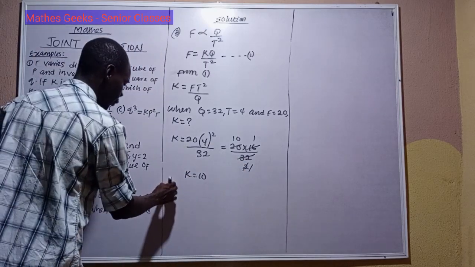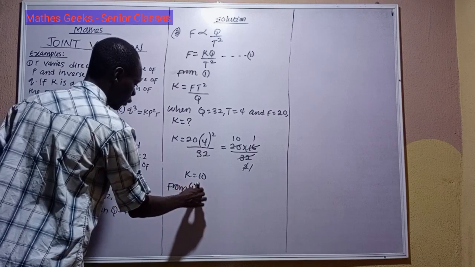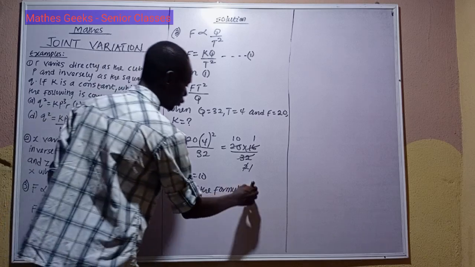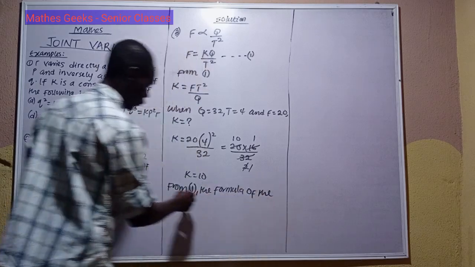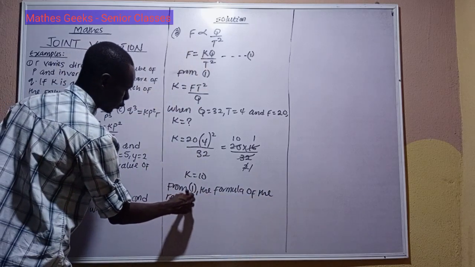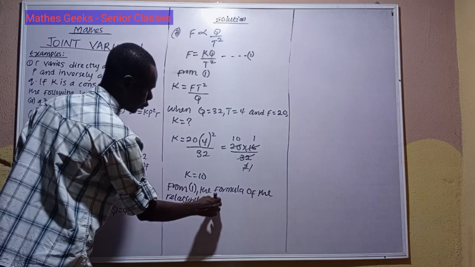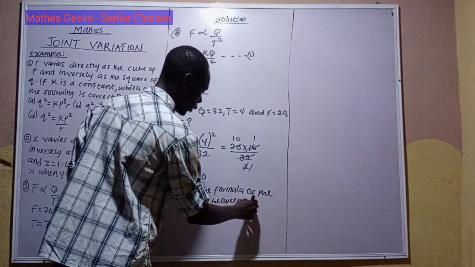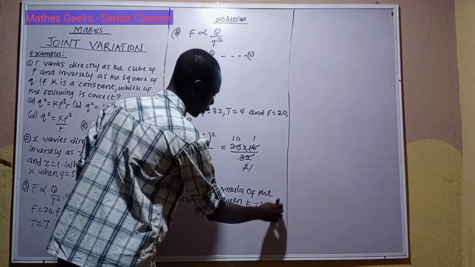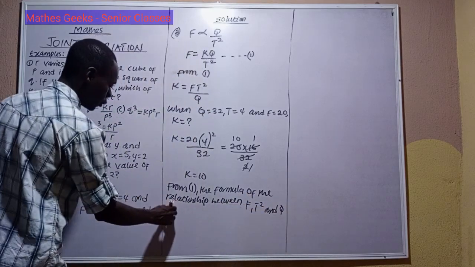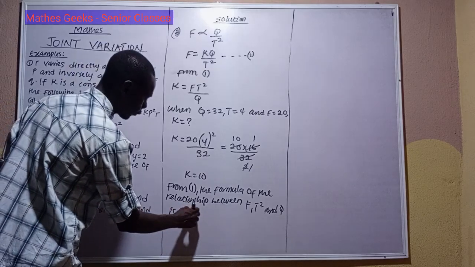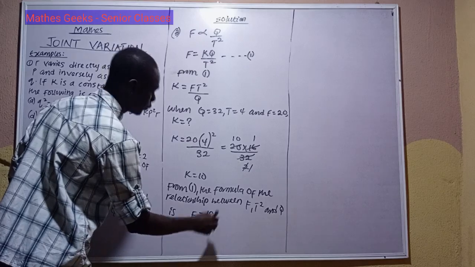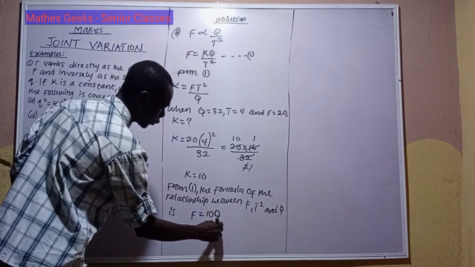So from 1, the formula of the relationship between f, t squared and q is f equals 10q over t squared.